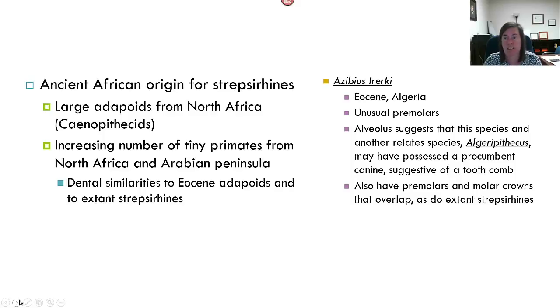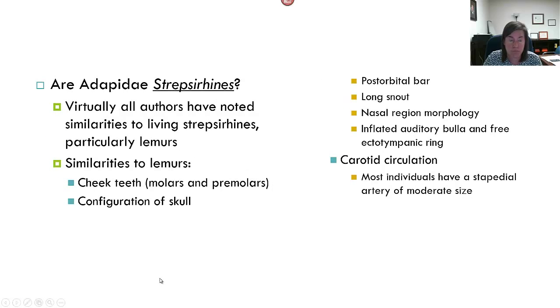The evidence suggests this species and another related species, Algeripithecus, possessed a procumbent canine suggestive of a tooth comb. They all have premolar and molar crowns that overlap, as do extant Strepsirhines. So there's some indication for an African origin for Strepsirhine primates, but the majority of it says North America, Europe, and Asia.